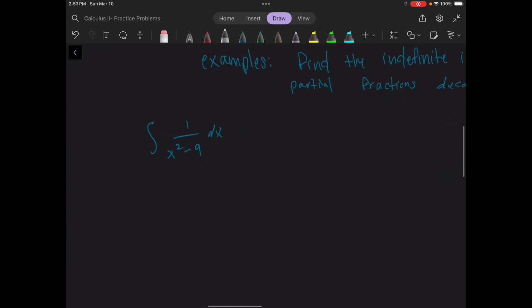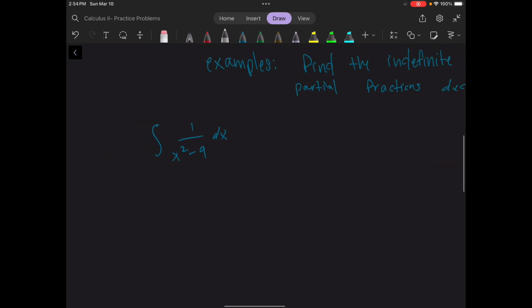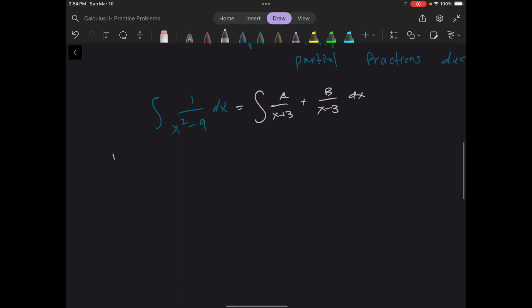Really the partial fractions part just said to find the indefinite integral using partial fractions decomposition. The partial fractions part was taught in pre-calc, but that was a long time ago. But this really isn't anything new. So for example, this could be represented as a over x plus 3 plus b over x minus 3. And to figure out what it is, 1 over x plus 3, x minus 3 is equal to some a over x plus 3 and some b over x minus 3.